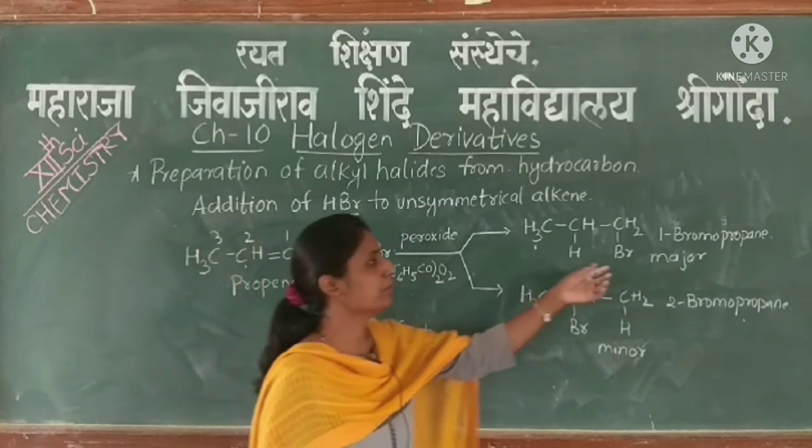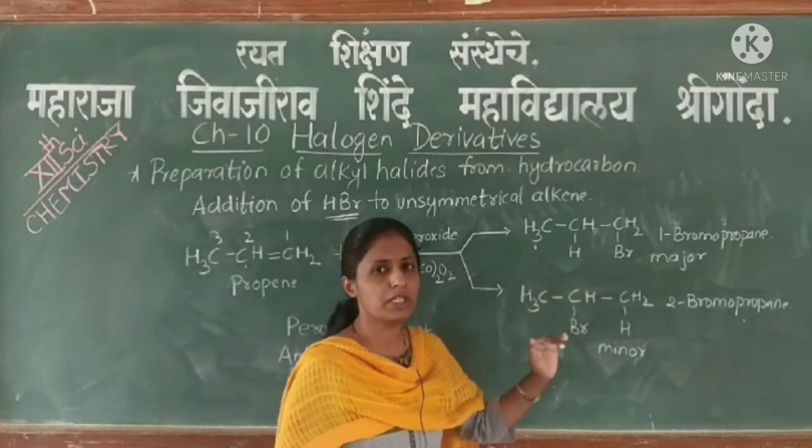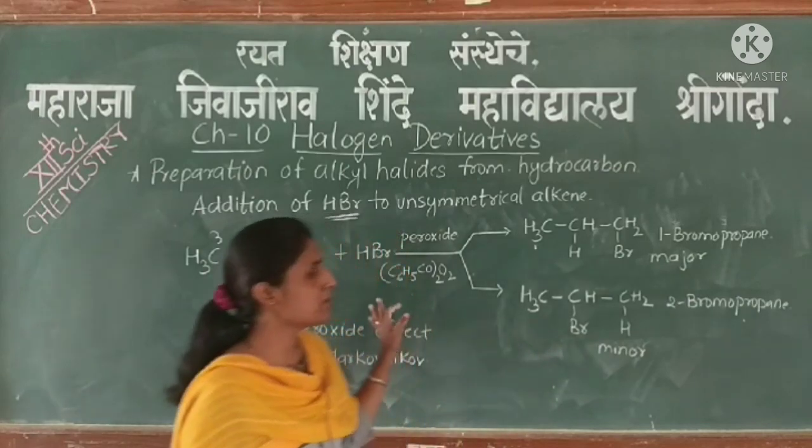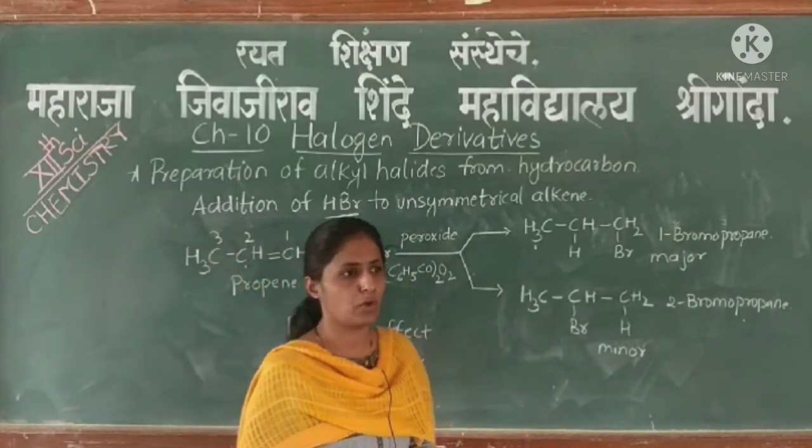That is, 1-bromopropane will be your major product. So in the presence of peroxide, Markovnikov's rule is not followed.